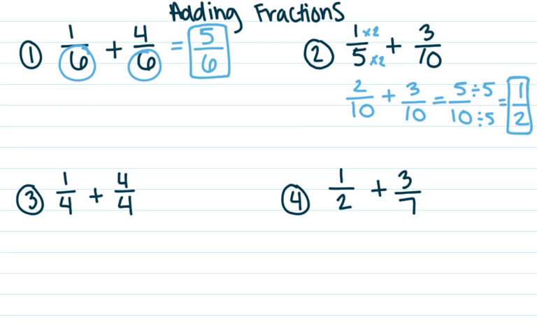For number 3, take a look at this one. I have common denominators. Great, I can just add the numbers together. I get 1 + 4, which is 5, and the size of the piece is 4ths, so that 4 stays on the bottom. But if you take a look at this fraction, it's kind of wonky looking. The top number is bigger than the bottom number. That is called an improper fraction.